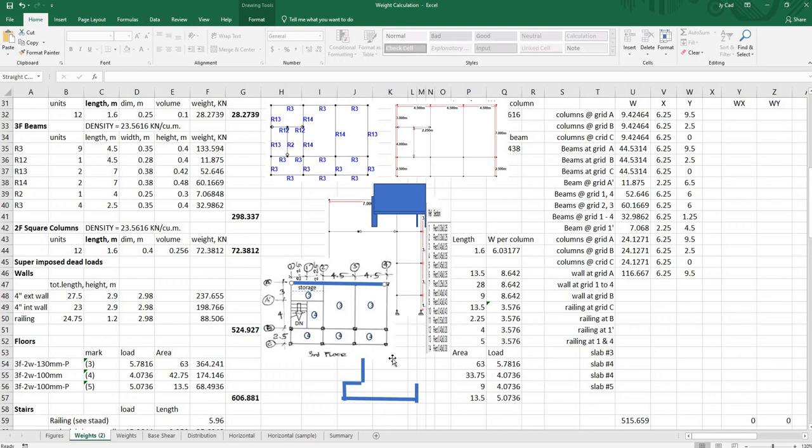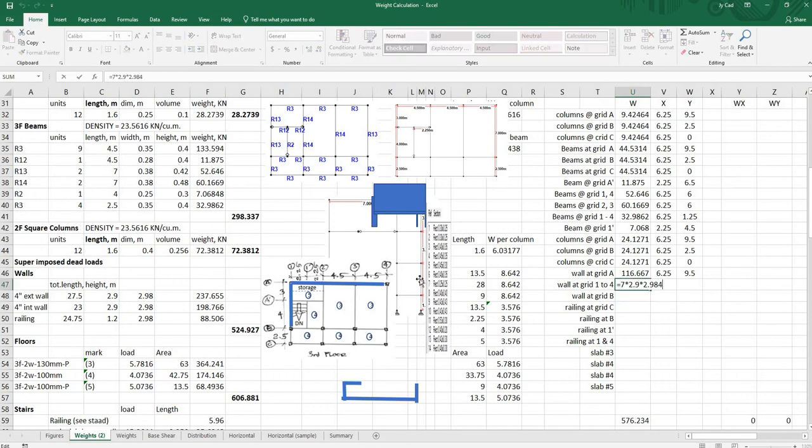Next, we compute for the wall at grid 1 to 4, which is this. Now, one wall would be the length 7 times the height of 2.9 multiplied by 2.98, and we have 4 units.